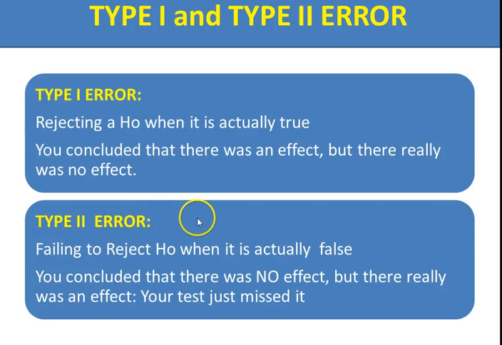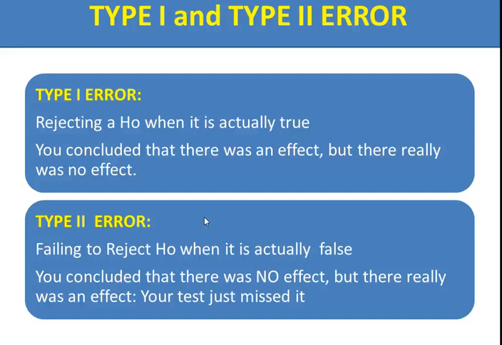Again, this can be a little confusing, but what you want to remember is that it doesn't matter whether you reject the null hypothesis or fail to reject the null hypothesis. Whichever of those two decisions you make at the end or in step 4 of your hypothesis test, the thing that's important to know is that there is a probability that either one of those decisions are wrong.